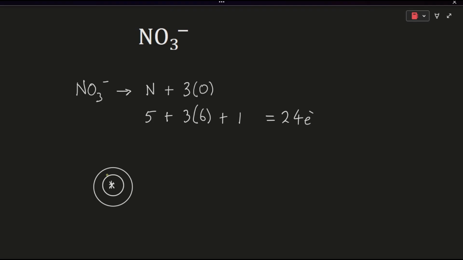Nitrogen is the 7th element on the periodic table with 5 electrons in the valence shell. So for nitrogen to achieve the octet, it would require 3 electrons in its valence shell. So nitrogen can achieve that by forming 3 covalent bonds.